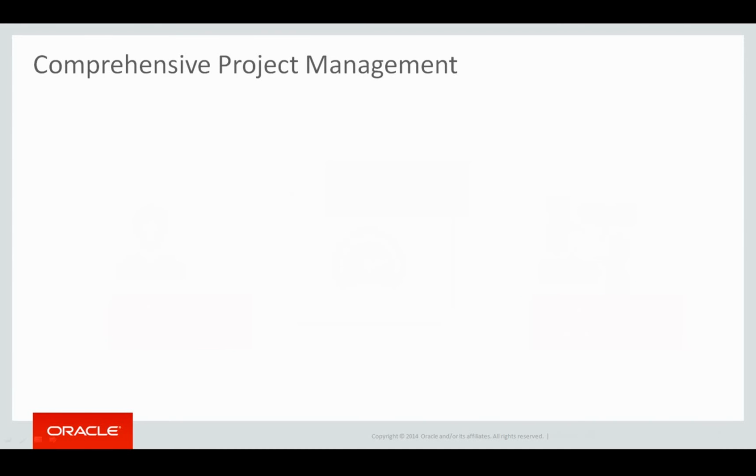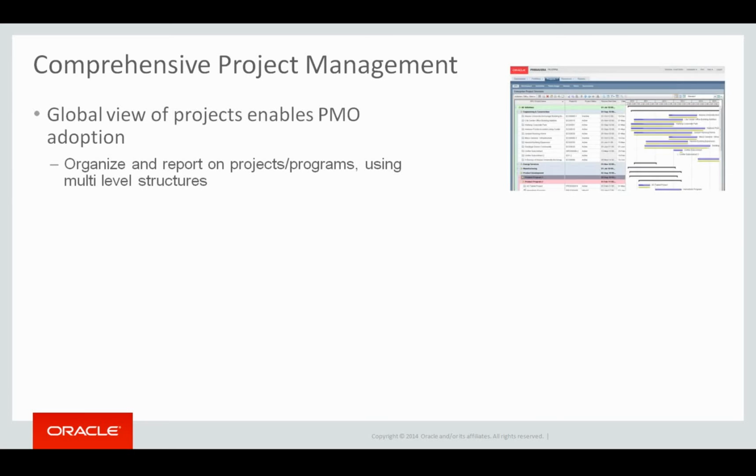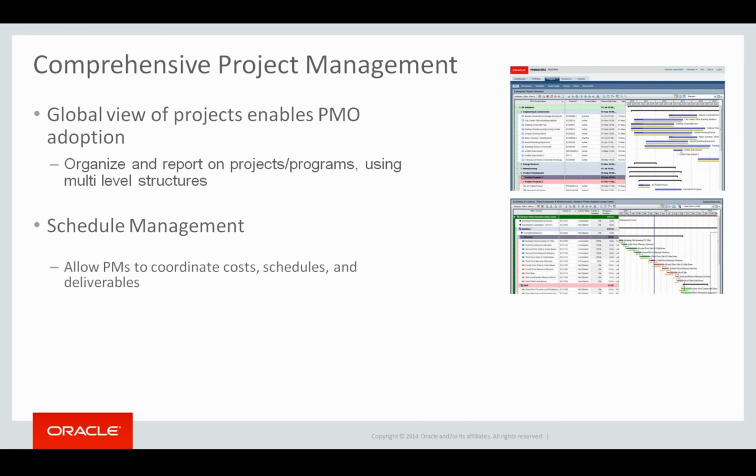How P6 accomplishes this is through a set of core project management capabilities, including the ability to provide global visibility across all of the projects being managed in the system in a hierarchy, providing core schedule management capabilities that allow activities, resources, schedules, and costs to all be managed from a single location.